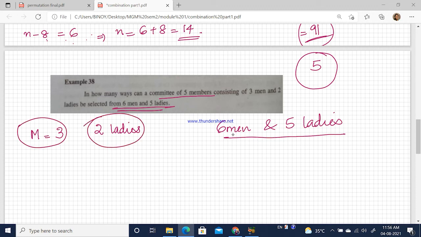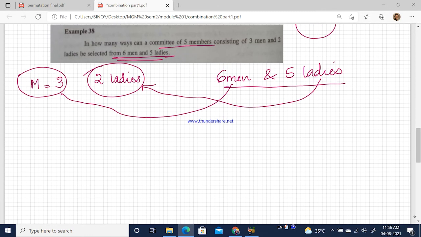Out of 6 men we need to take 3, as well as out of 5 ladies you need to take 2. Any 2 ladies can be taken. So how do you express that in a combination? We need to take 3 men from 6, so it is 6C3. Out of 6 men we are taking only 3.